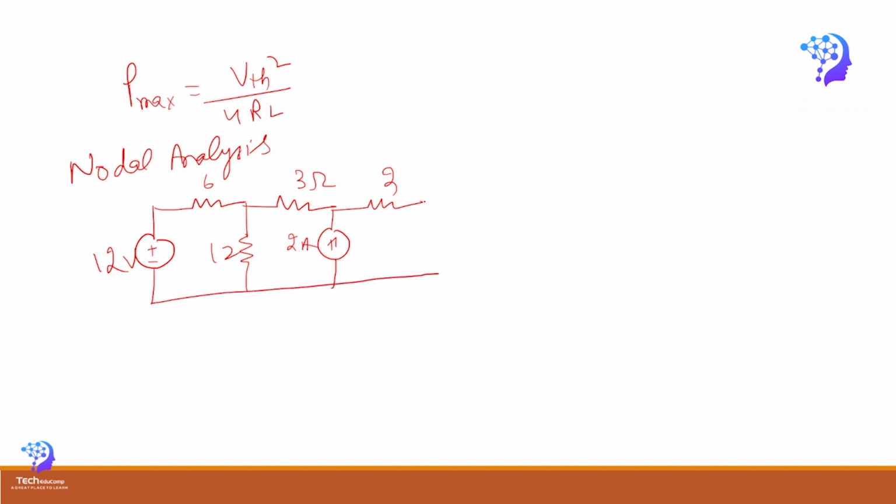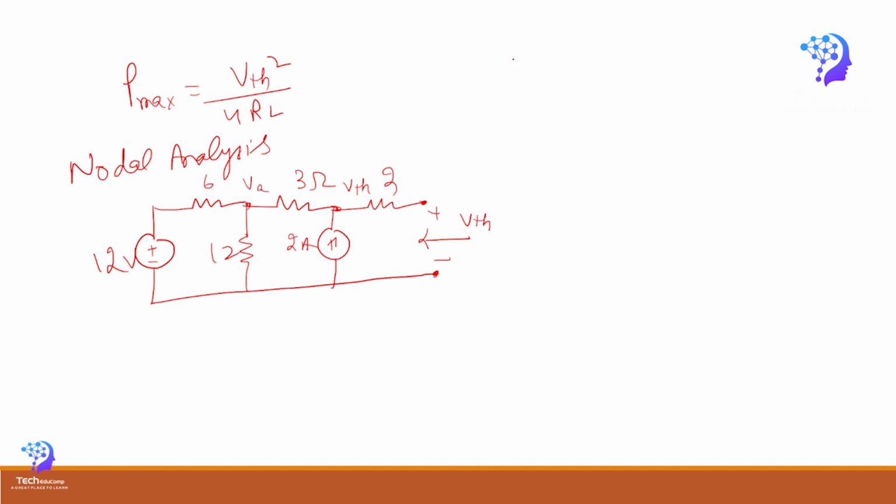For that, first we have to remove the load, and looking from here, I want VTH, that is the source open circuit voltage. Since there is no current going on, this is VTH, and this will be my VA.